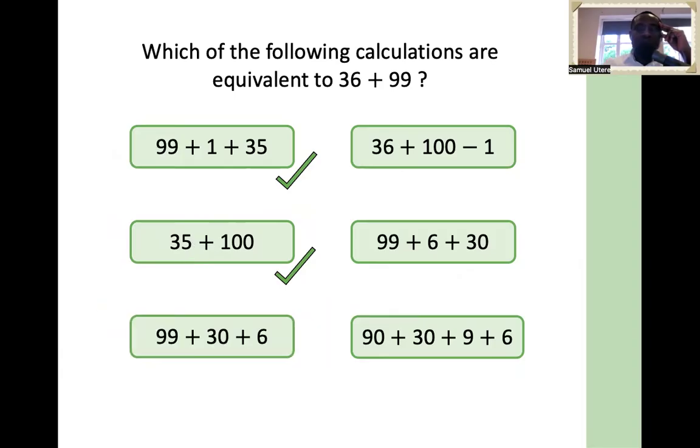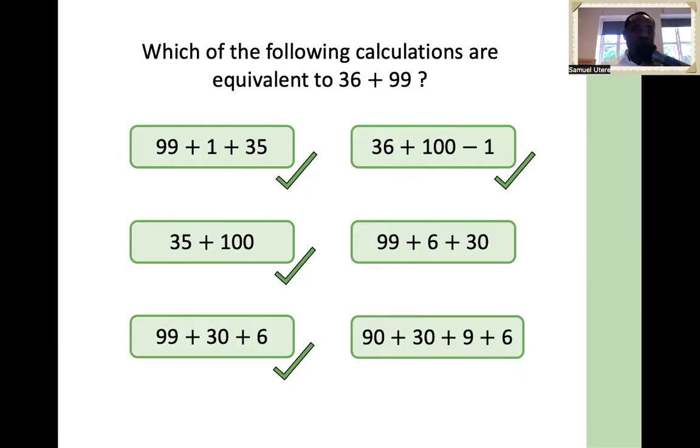Here, the 99 stays the same, but the 36 has been split into 30 and 6. Here, you can see the 36 stays the same, but it's just been rewritten to also mean 99. So 100 minus 1 is 99. So they're the same calculation.